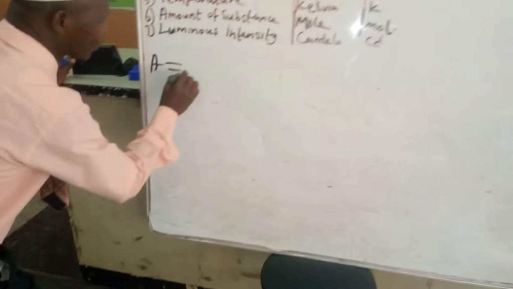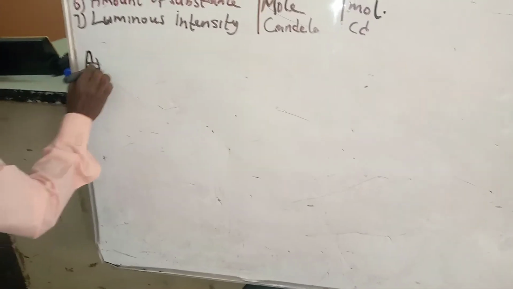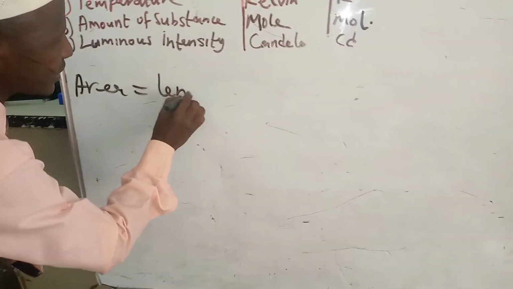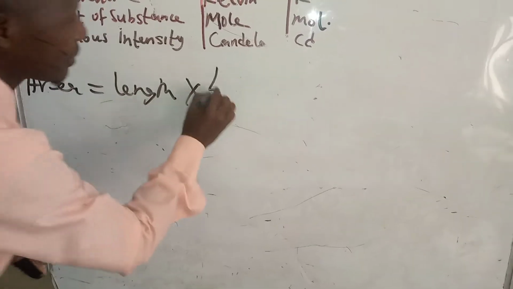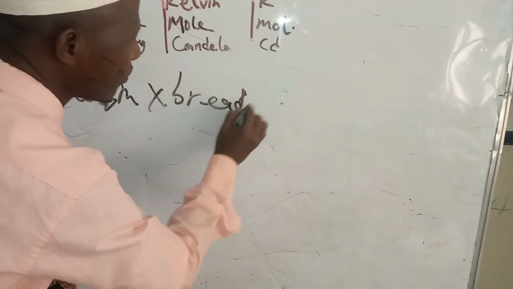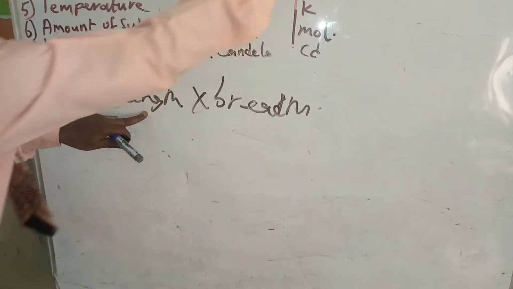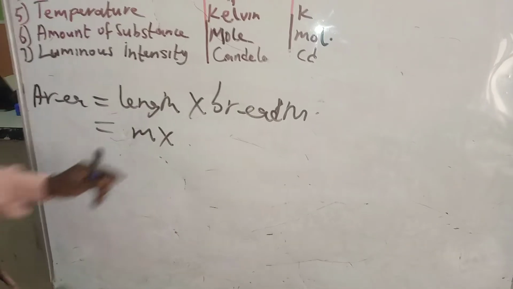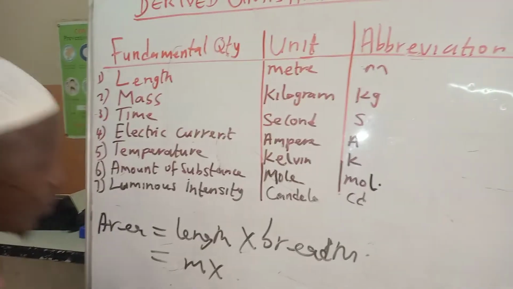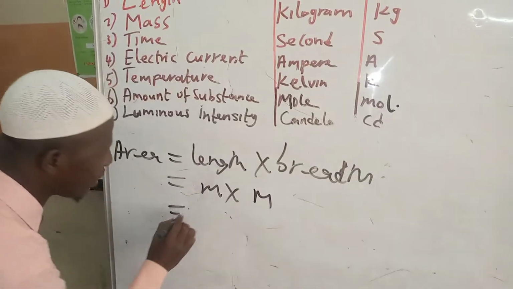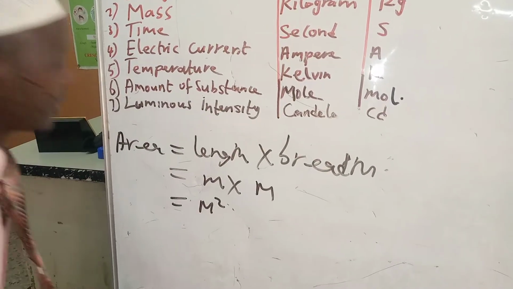Now, let's start from area. Area is equal to length times breadth. Since the unit of length is m, multiplied by the unit of breadth, which is also m, the unit of area is meter squared. Let's move on.